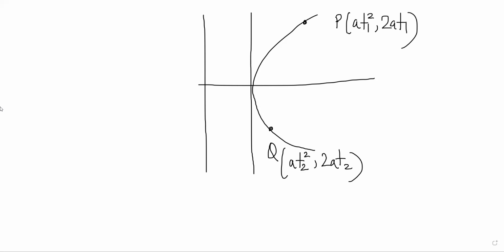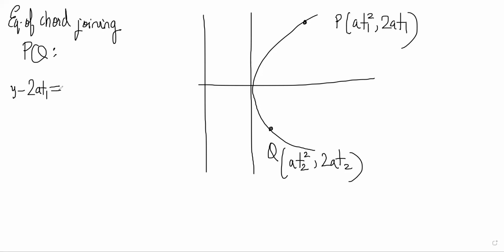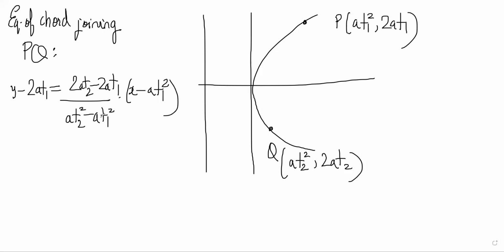So the equation of the chord joining PQ would be simply y minus 2at1 is equal to (2at2 minus 2at1) by (at2 squared minus at1 squared) into (x minus at1 squared), right?